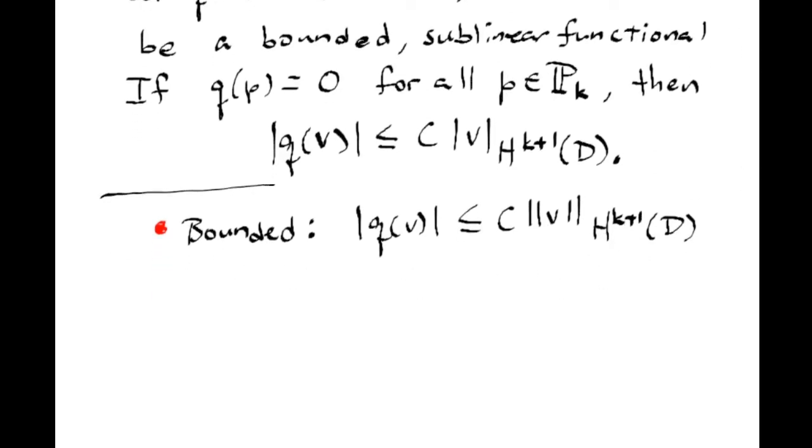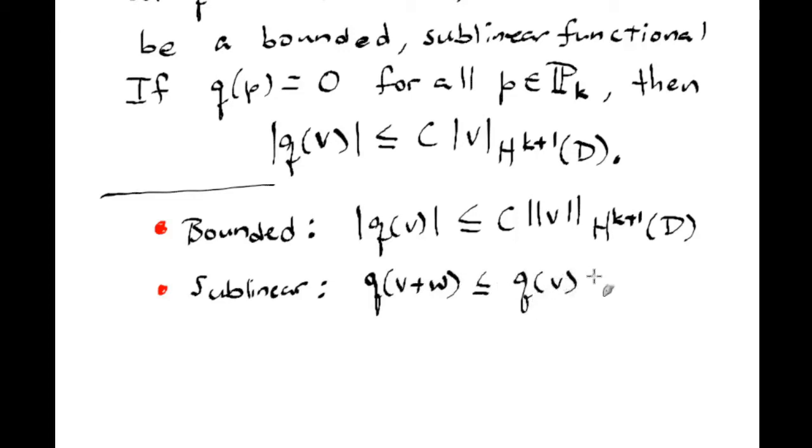And the other part is, what does sublinear mean specifically? Sublinear means that Q of V plus W is bounded by Q of V plus Q of W. So it's like the triangle inequality.